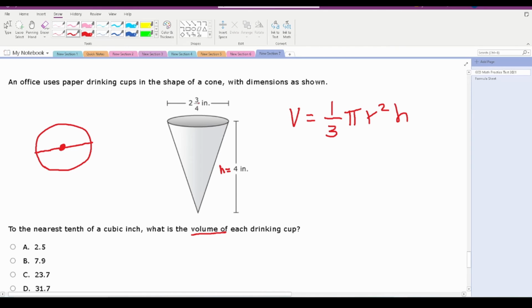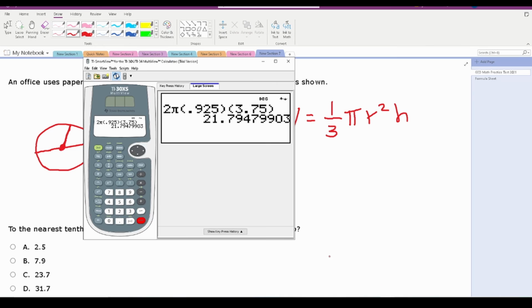So this 2 3/4 inches is diameter, and we want radius. Radius goes from the center point of a circle to the edge of the circle, and it's always half the distance of the diameter. So we're just going to take 2 3/4 and divide it by 2. So let's do that.